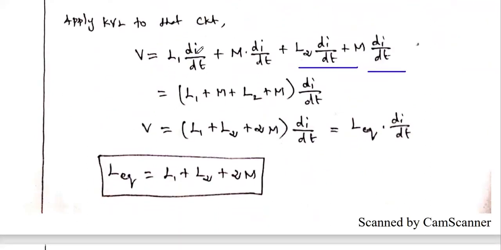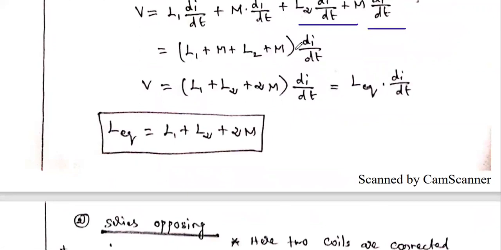So in this, you see all terms have di by dt as a common factor. Then you add the coefficients: L1 plus M plus L2 plus M. Here M plus M is 2M. So we may write (L1 plus L2 plus 2M) into di by dt. We may write this L1 plus L2 plus 2M as L equivalent into di by dt. So the voltage equals L equivalent into di by dt.